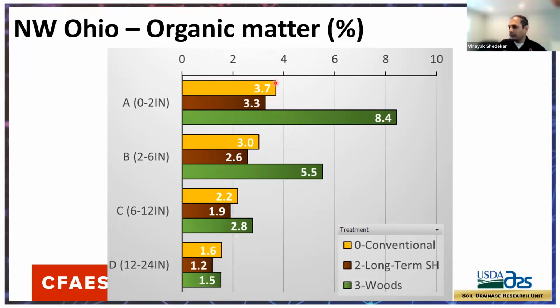But now we think that this other field has a coarser soil texture compared to this field, and texture tends to play a bigger role in accumulation of organic matter. Just imagine if this field was in a conventional system, then this number would have probably looked much lower, and that's just an assumption at the moment.